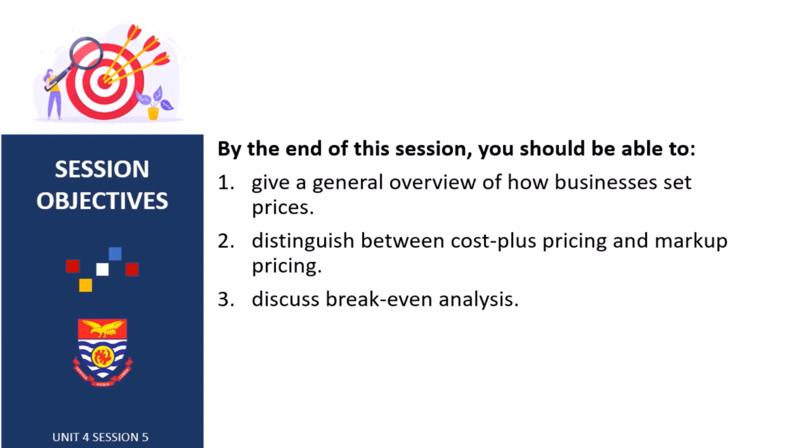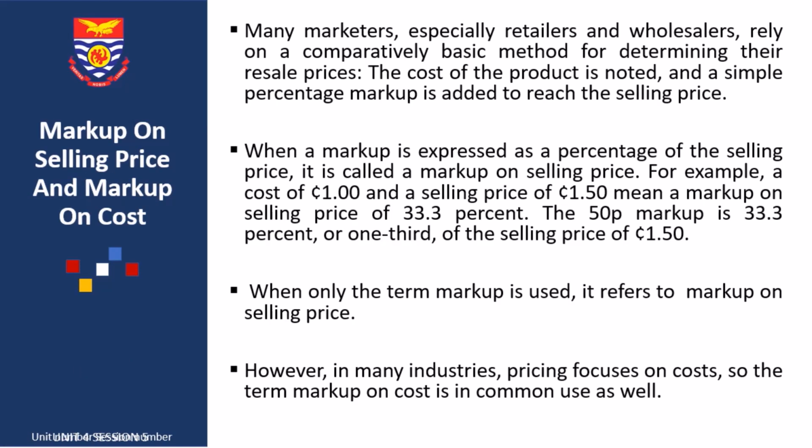So we are going to look at the general overview of how businesses set prices. We will look at cost plus pricing and markup pricing first: markup on selling price and markup on cost. This is the general pricing model, how everyone sets his or her price as a marketer.